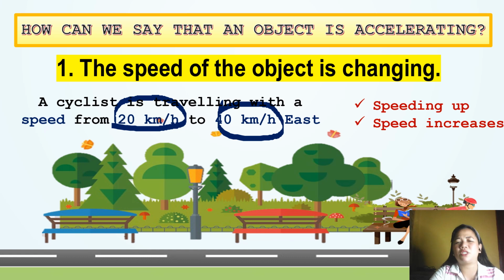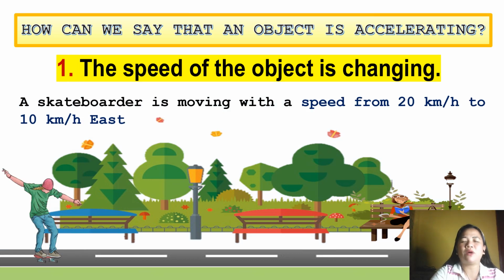Okay? So, this one is speeding up, kasi from lower speed or velocity, tumaas siya into 40 km. So, ibig sabihin, the object moves fast. Okay, another one. The skateboard is moving with the speed of 20 km. Ito naman, opposite. Mula mabilis, 20 km, naging 10 na lang.